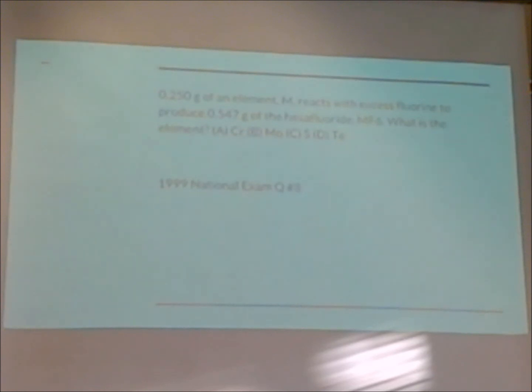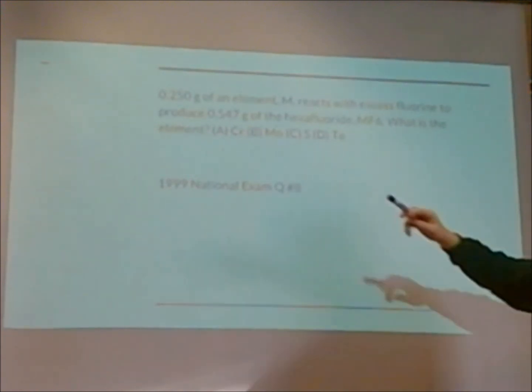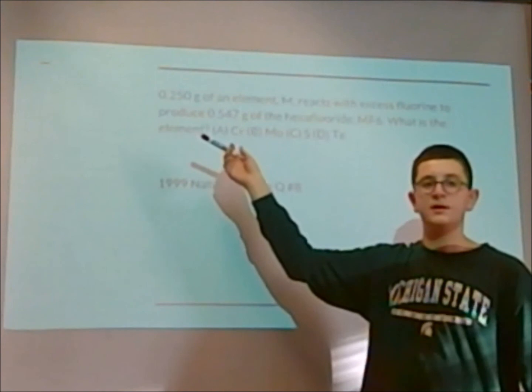This is a weird problem, I know, but is everyone following? So this is the moles of M we have. What we're going to do is, we know that we are given this many grams of M, correct?